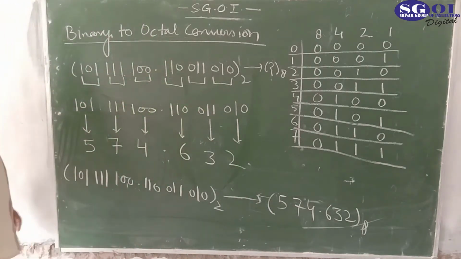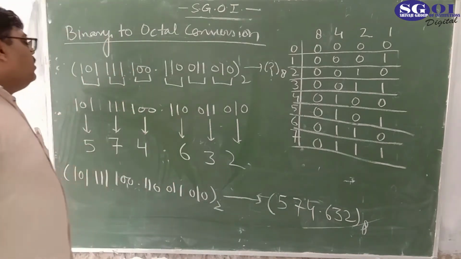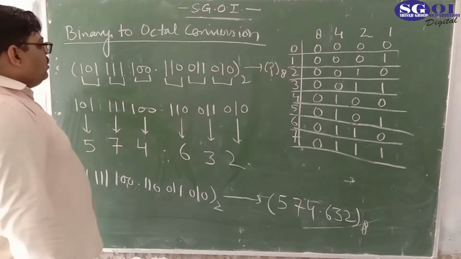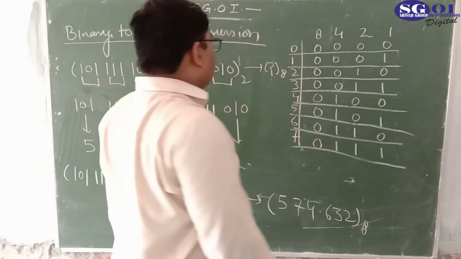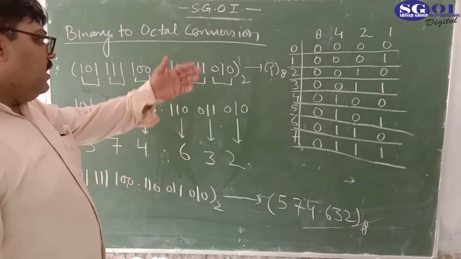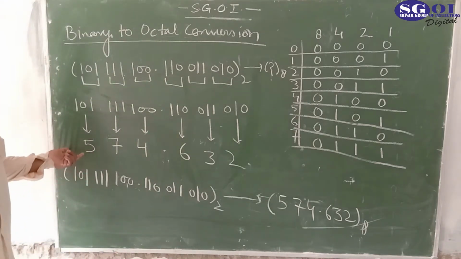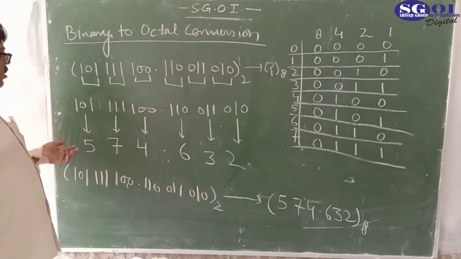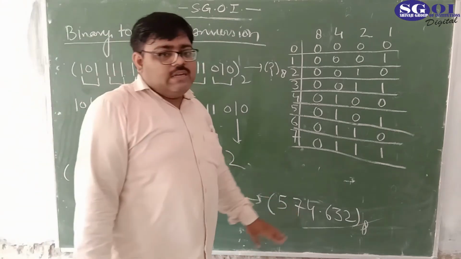Firstly, we write the binary and then we make groups of 3 bits, and after that we write the table 8421 and write the binary of that number. Then we put the octal value with reference to the binary and find the result.